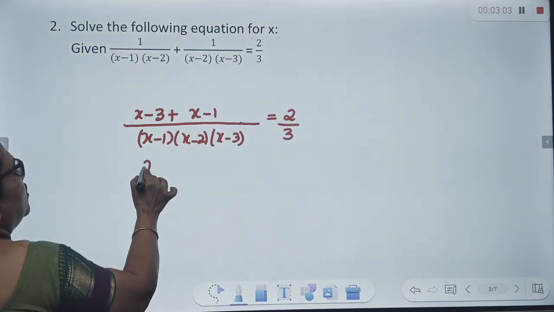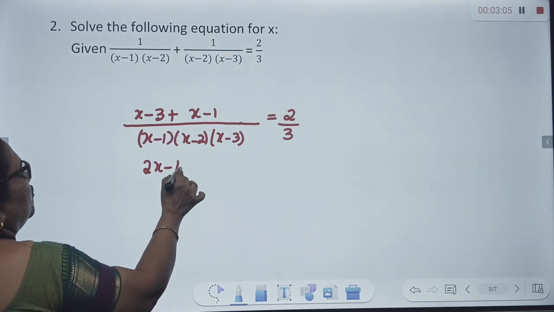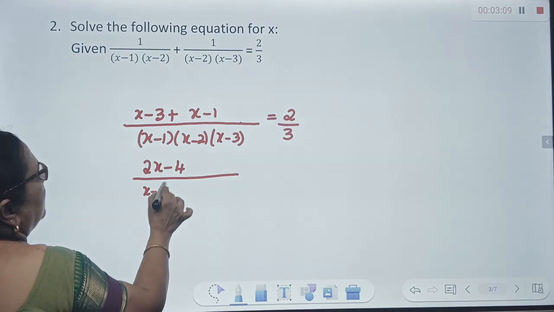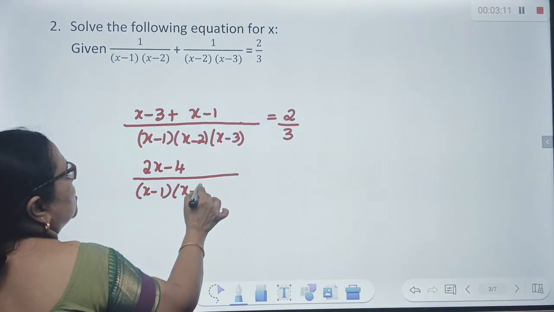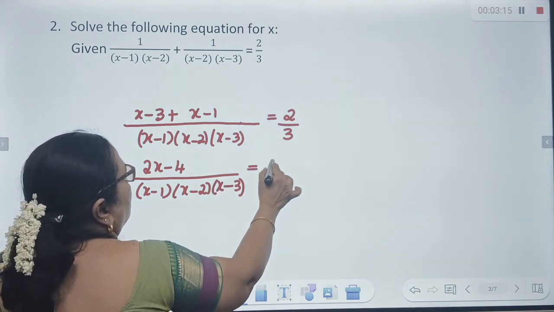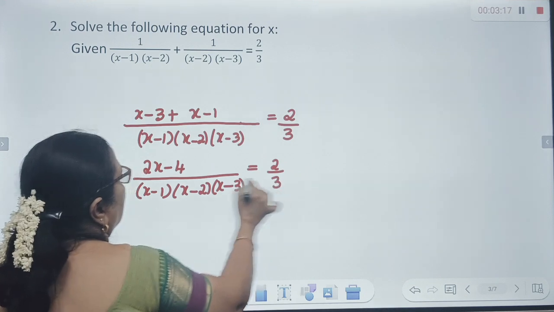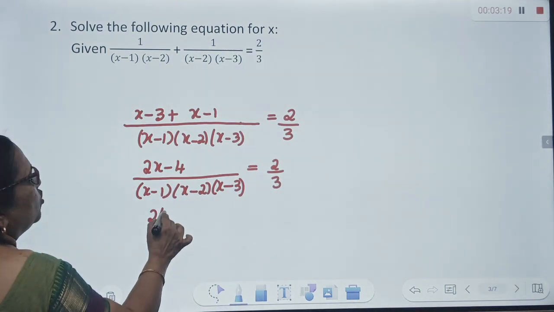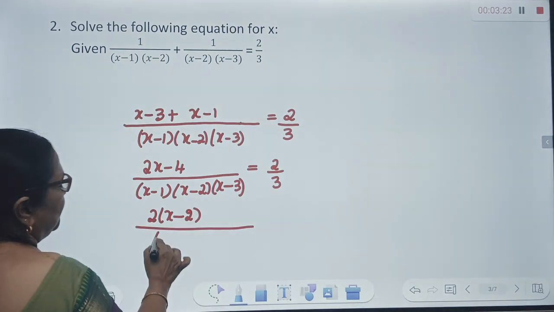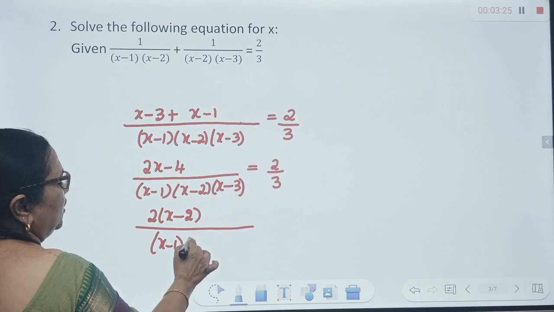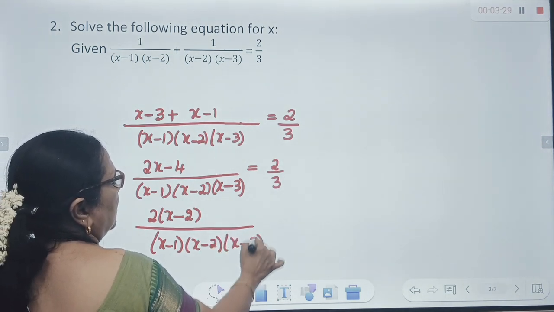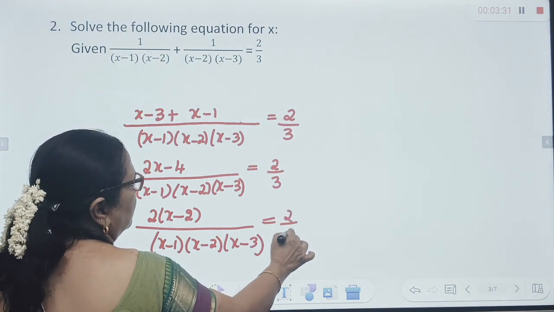So I get 2x minus 4 by x minus 1 into x minus 2 into x minus 3 equal to 2 by 3. But this I can write as 2 into x minus 2 by x minus 1 into x minus 2 into x minus 3 equal to 2 by 3.